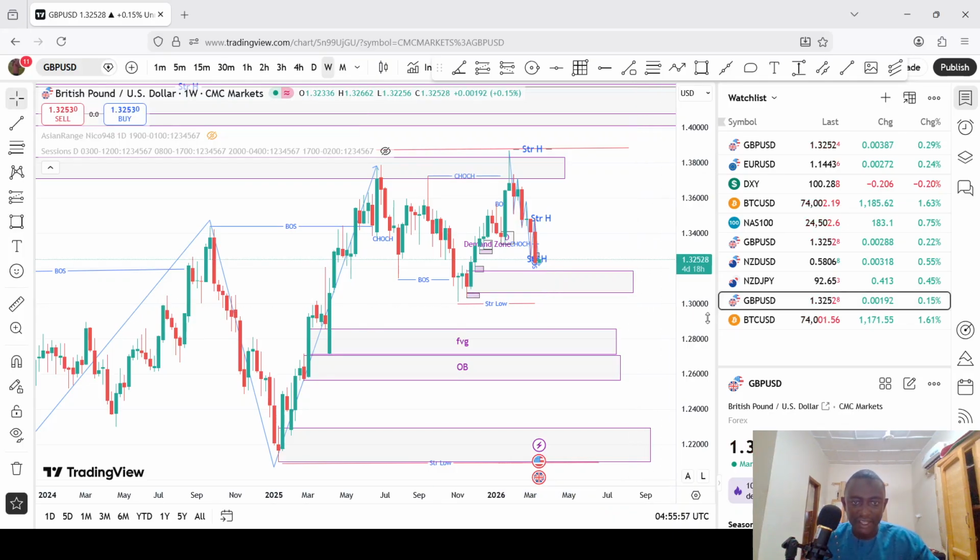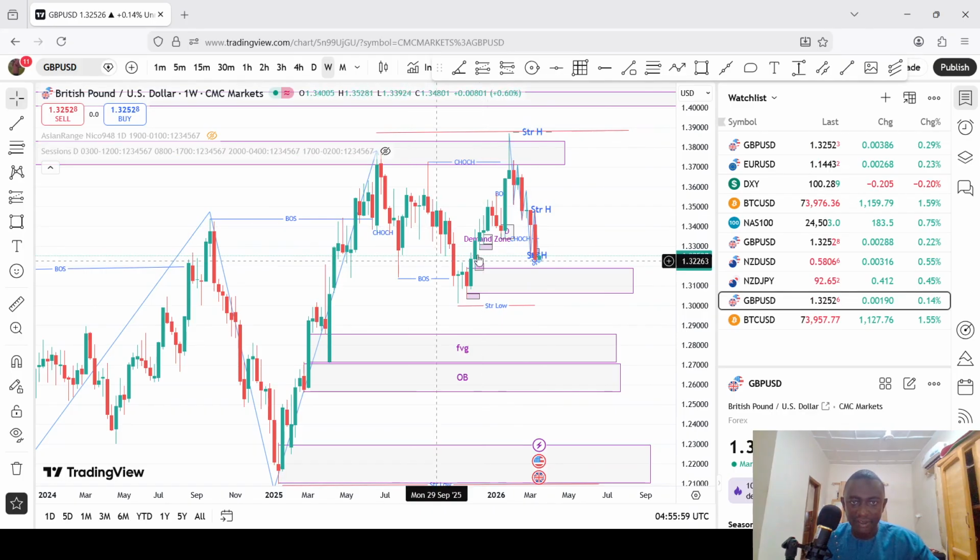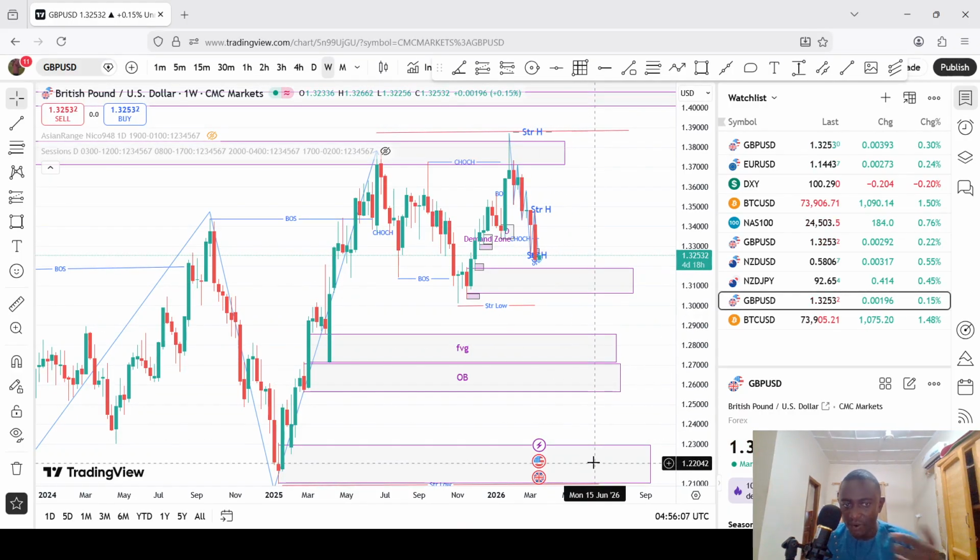So when price is coming in this manner, at least we are expecting it to respect any of these. All these places have the potential. Once price gets to that place, you see it.